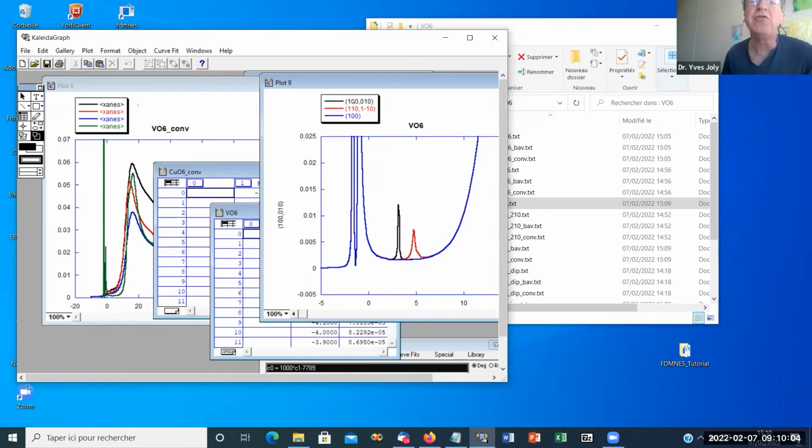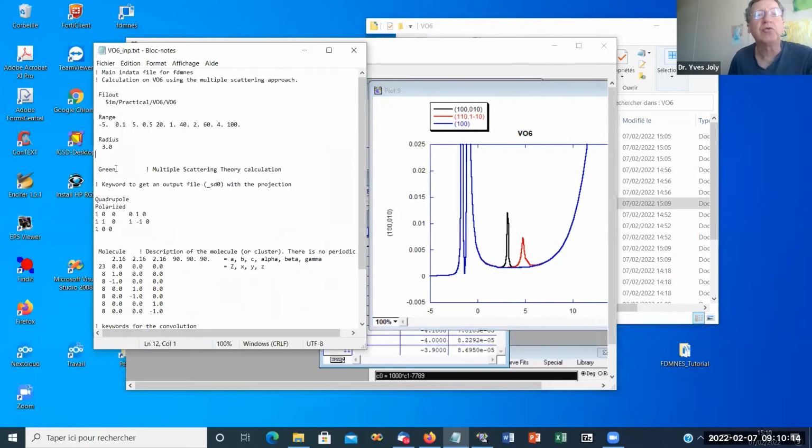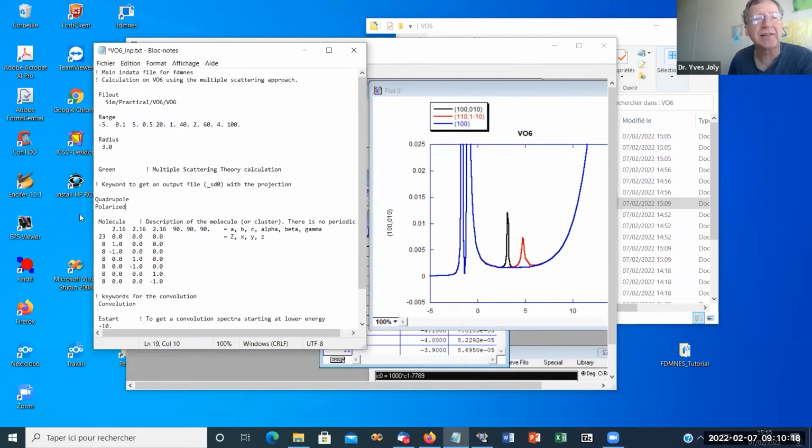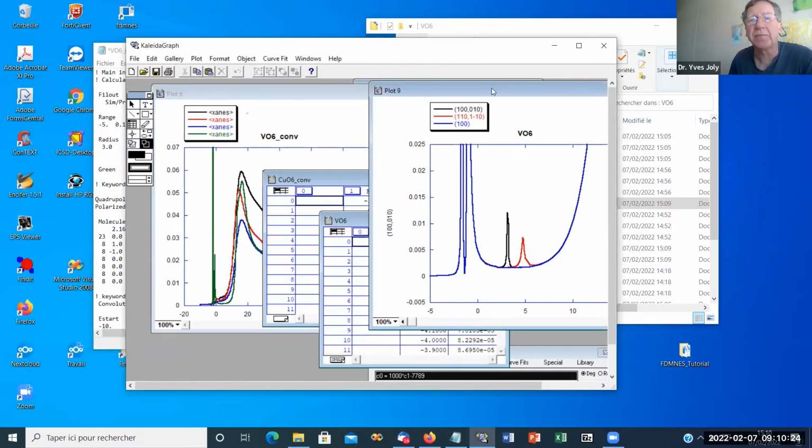So in fact, I knew the result. It's why I chose my directions that way, of course. But for the users, if you don't know so much, you can just do that, and the code automatically, like for the dipole, will calculate the non-equivalent directions.